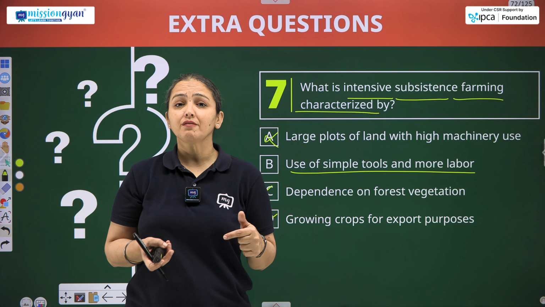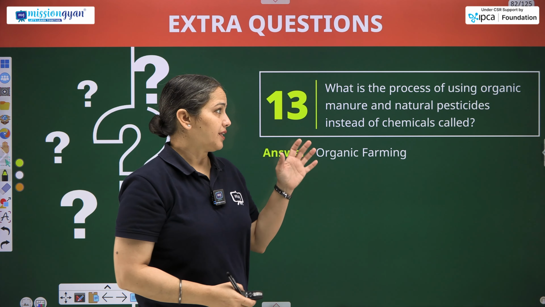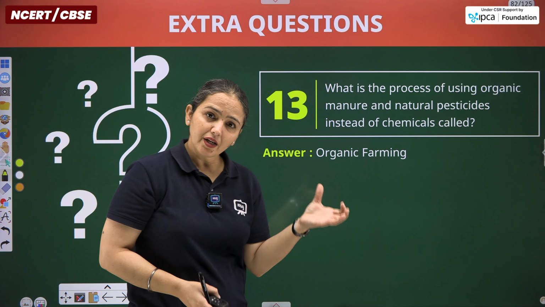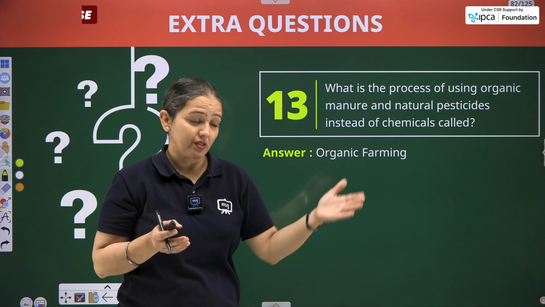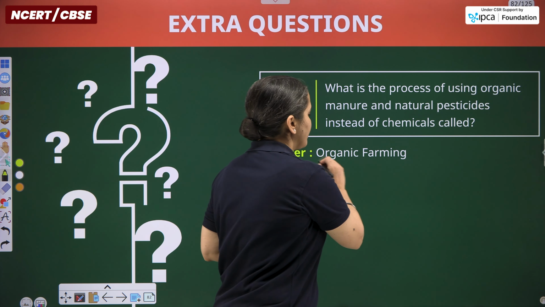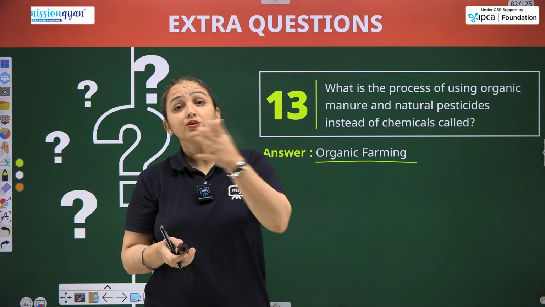Next question. What is the process of using organic manure and natural pesticides instead of chemicals called? So, entirely the agriculture is done on an organic basis without the help of artificially developed fertilizers, pesticides, manures, etc. So, it is known as organic farming. Organic farming means entirely done without the help of technology.